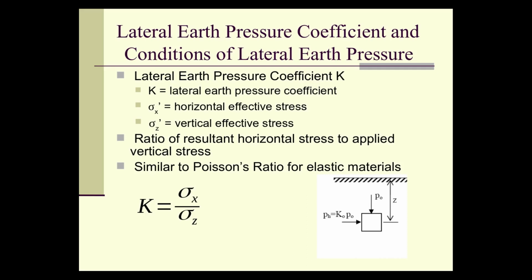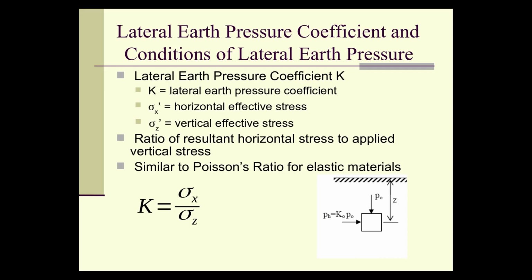Normally, in soils, we load them vertically. In other words, the stresses that we put into the soils are vertical, and we've talked about vertical stress. We've talked about vertical effective stress, which is what we start with.